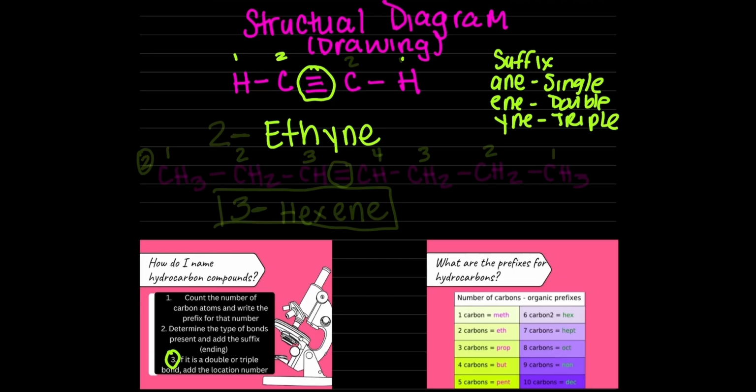If I start from the opposite side of that triple bond, I see that it takes me 1, 2. So in this instance, since both sides take me 2, I'm going to write the location number 2 with a little dash to let me know that my triple bond is located at the 2. Okay? I hope you follow me with that.